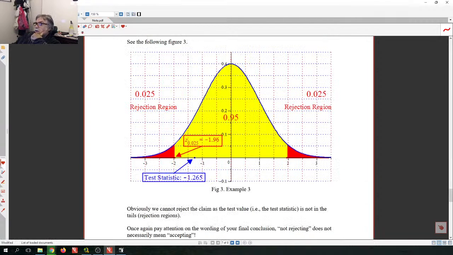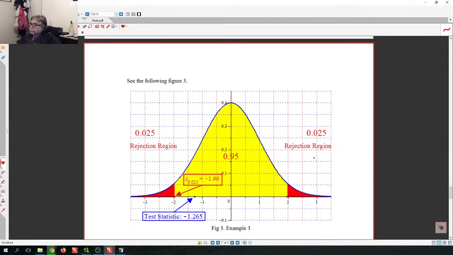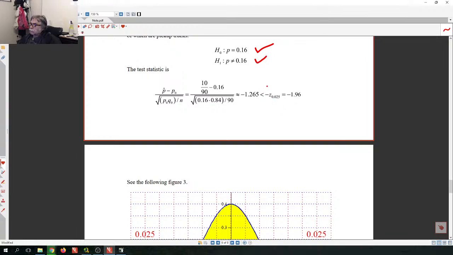Okay, so if you cannot remember it, but I do remember, 95%, positive and negative 1.96, and now my test statistic. Is it in the tail? That will be here or here. Guess what? It is not. Right? So this was my rejection criterion.